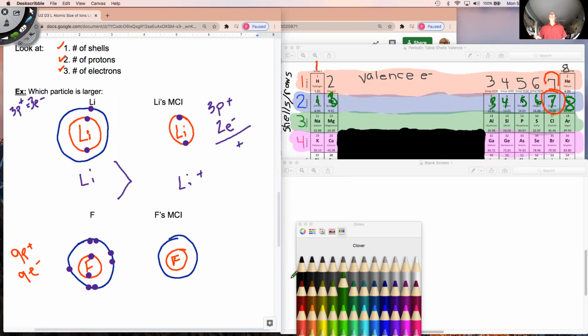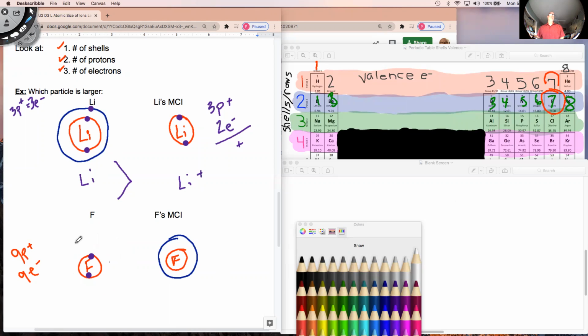So fluorine wants 8 valence electrons. What should fluorine do? Should fluorine gain 1 electron, so then it has 8 on the outside, or should fluorine lose all 7 of those and go all the way down?